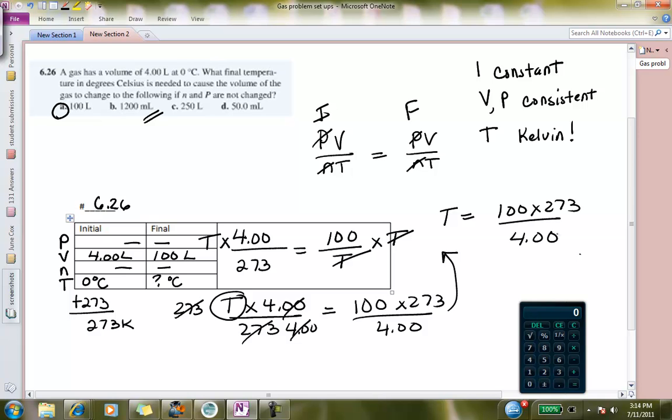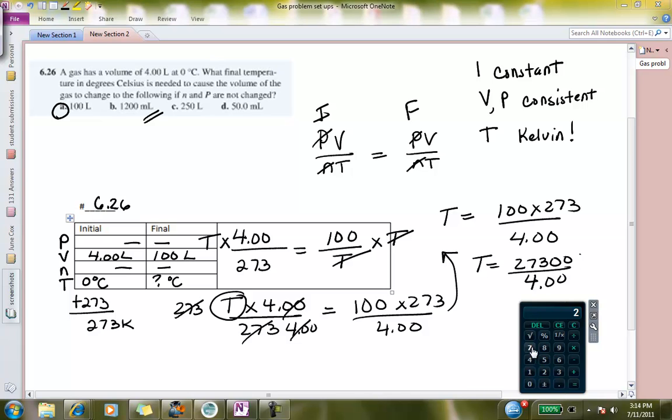4.00. So we're going to go from 4 liters up to 100 liters. This is a big temperature. We should have a big temperature change here. So T is going to be equal to 273.00 divided by 4.